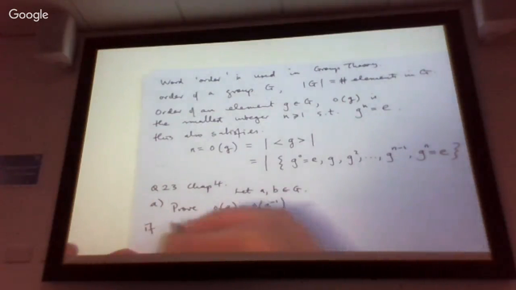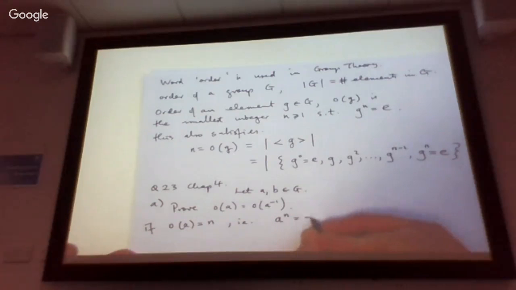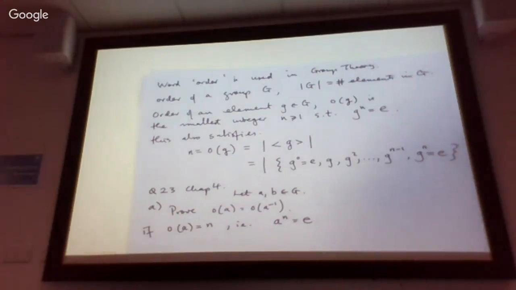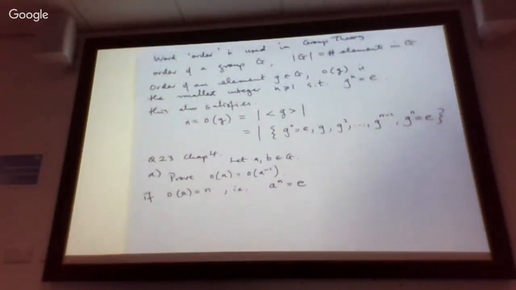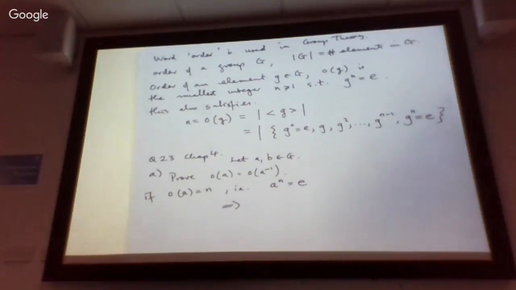Well, if the order of a is equal to n, i.e. we have a to the power n equals the identity, well, one thing, what would you do then to be able to start drawing conclusions about the inverse element of a?